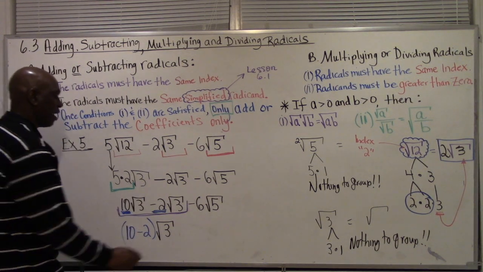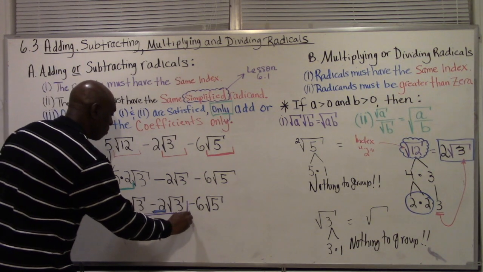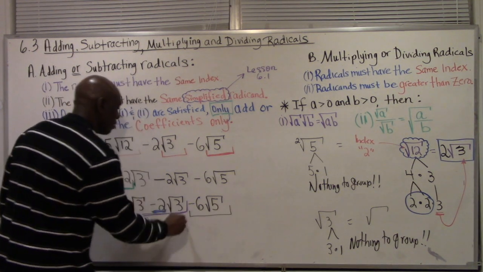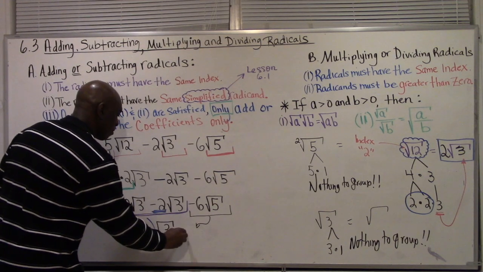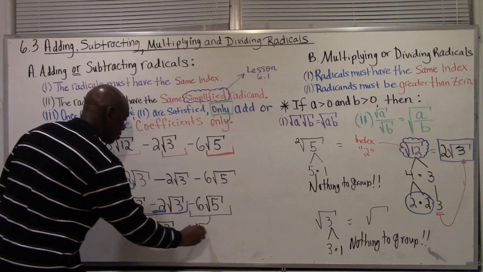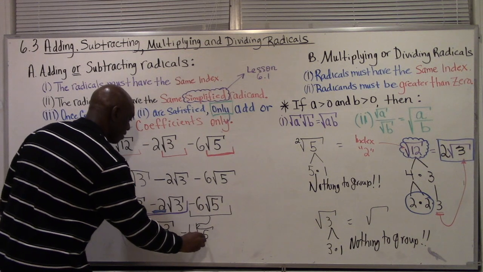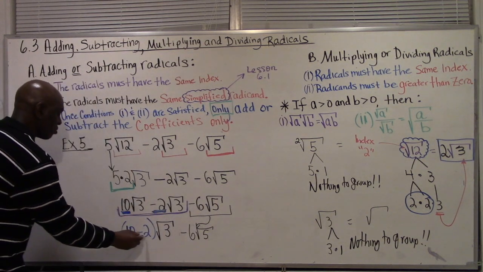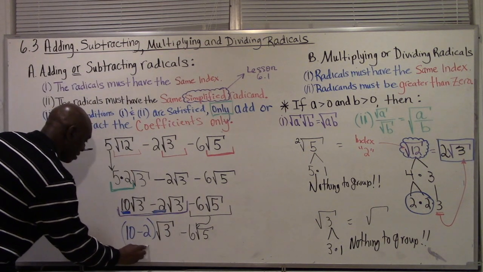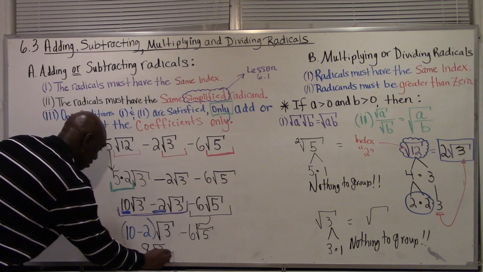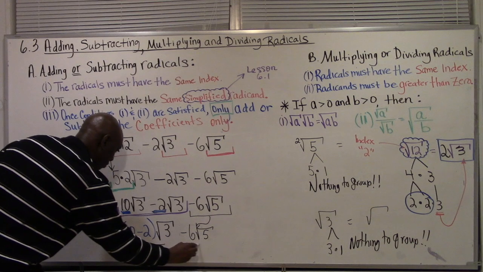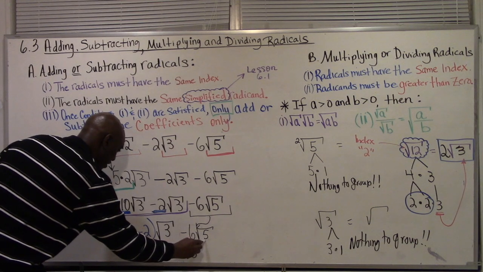Okay? And then this whole thing right here, the minus 6 root 5, bring it straight down. Minus 6 root 5. Lastly, what is 10 minus 2? 10 minus 2 is 8. So we're going to have 8 square root of 3 minus 6 square root of 5. And that is the answer.